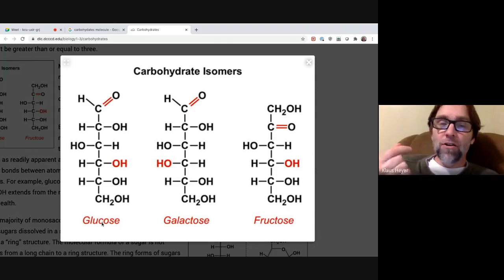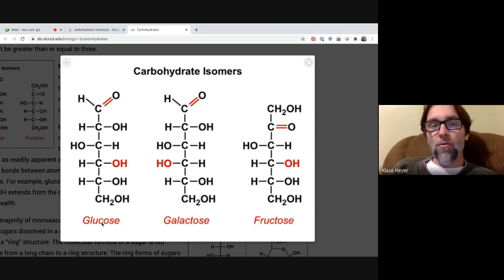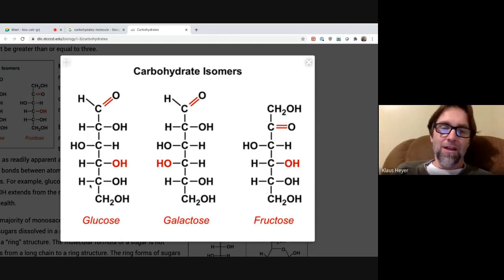Do I want you to know what the molecule looks like? No. What I want you to do is be able to look at this molecule and say, well, it's some kind of carbohydrate. I don't know what it is, and you don't have to know. Just that, okay, I see hydroxyls. I see carbonyl. It's a carbohydrate.